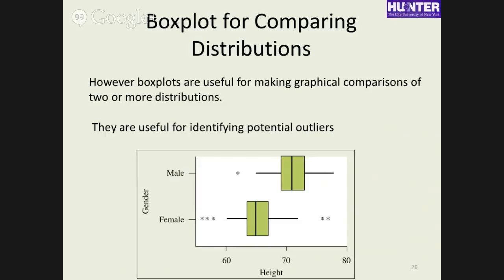Whereas it would be more difficult to do this with histograms, for example. Any questions about the box plots? You'll learn how to make them in SPSS, and you'll use them in this class.